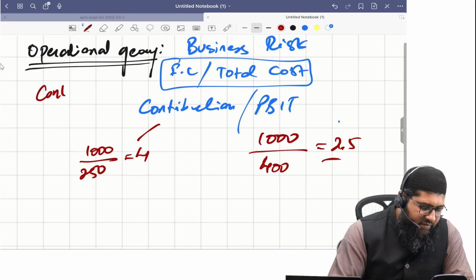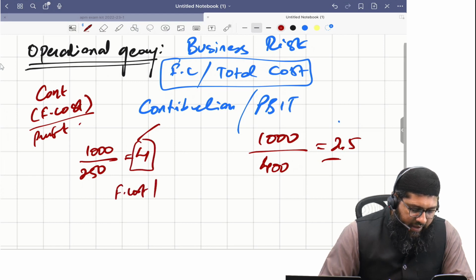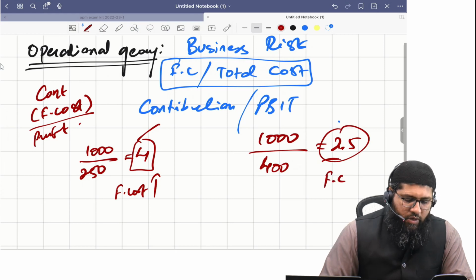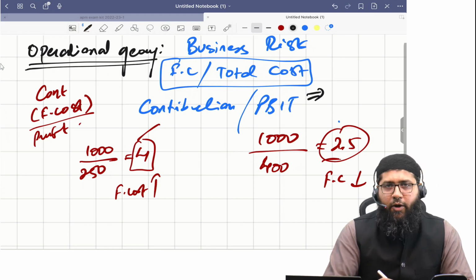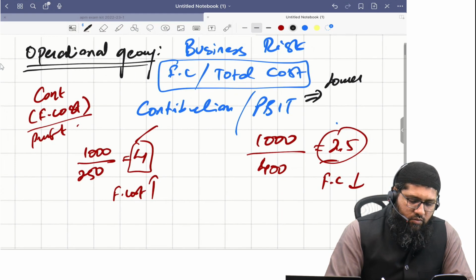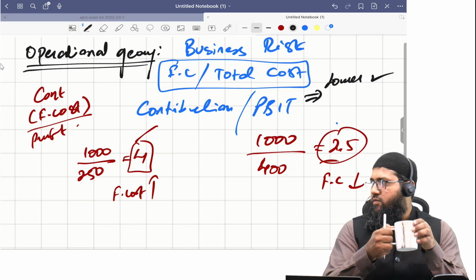Generally, from the contribution you deduct the fixed cost and you get the profit. So here the fixed cost is high, here the fixed cost is low. So generally speaking, for contribution upon PBIT, the lower it is, the better it is.